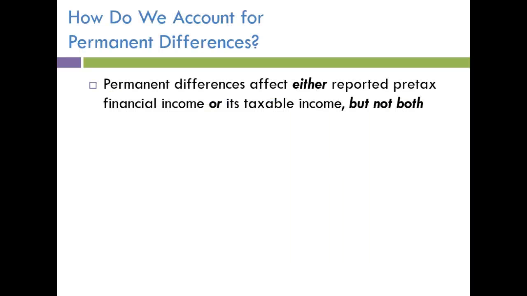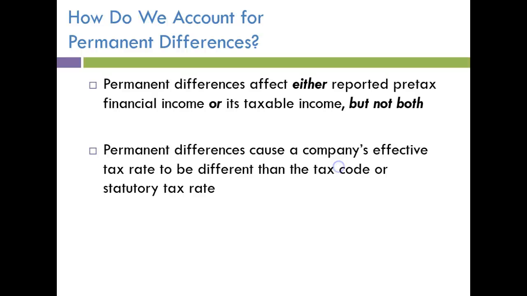So what are we going to do here? These permanent differences affect either the reported pre-tax financial income or its taxable income. Permanent differences are going to affect one or the other. Okay? Not both. It's either one or it's going to be the other.